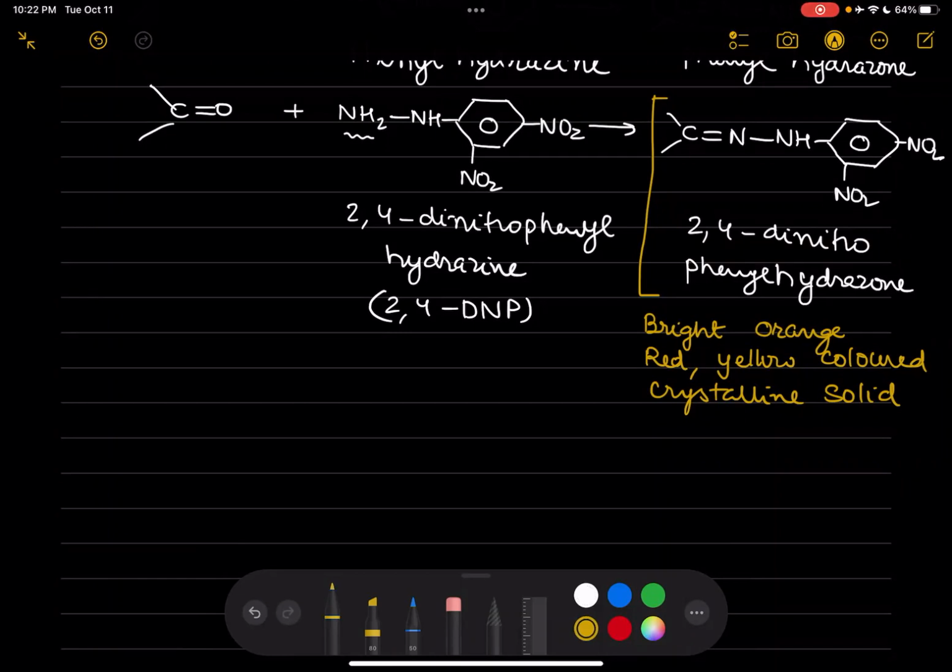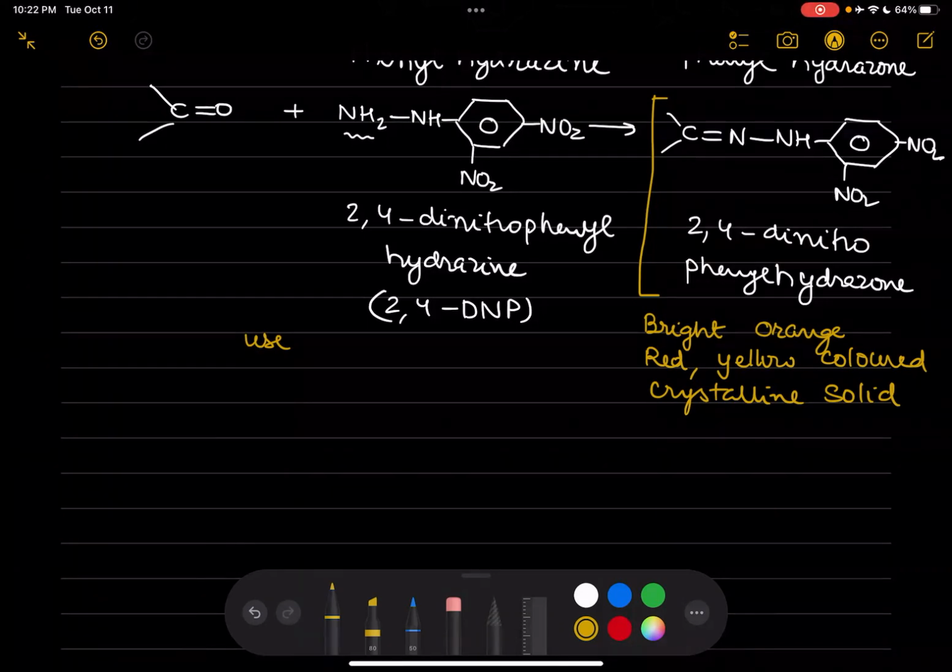So are these like the azo compounds? No, they are not azo compounds. Azo compounds have Ph-N=N double bond. They are also dyes, right? And these are also colored.